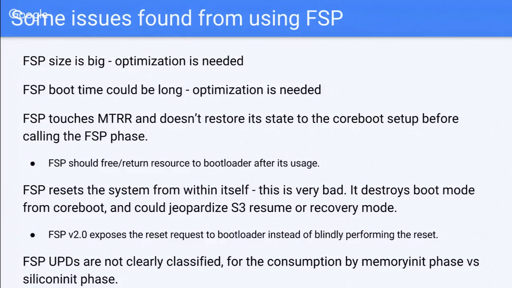The other problem we have struggled quite a bit with for Skylake is that the FSP UPDs are not clearly classified in terms of whether they belong to the FSP memory unit or the FSP silicon unit, right? A lot of stuff was in the beginning put into the FSP memory unit.